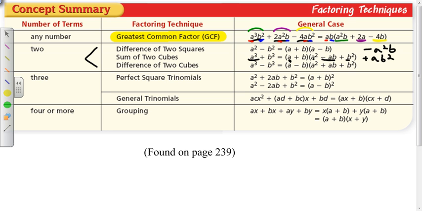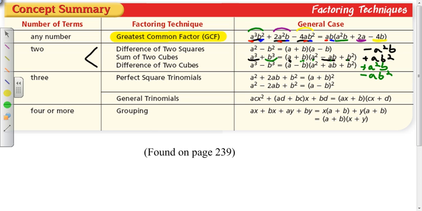But now we have to look at our b times everything. B times the a squared gives us positive a squared b. B times our negative ab gives us negative ab squared. And b times b squared leaves us with that b cubed over there.